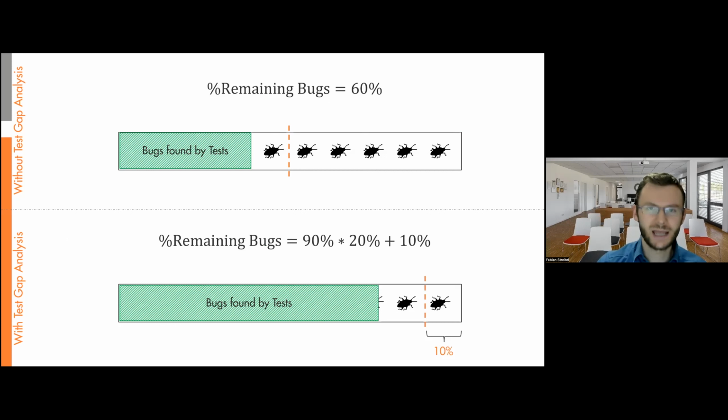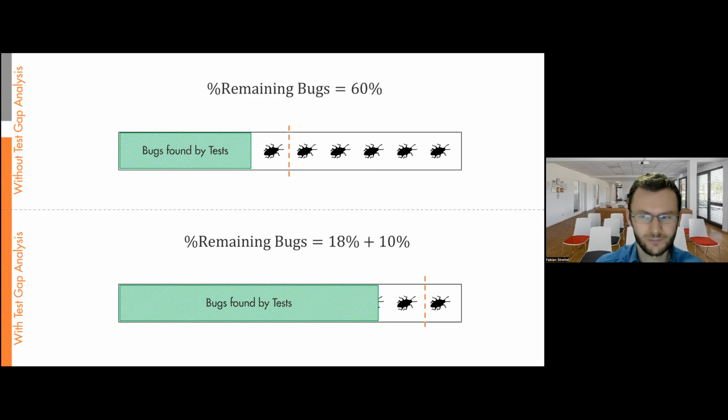For the rest, the same still holds. So the likelihood that a defect comes from an untested code change is still 5 times higher than in the rest of the system. So in here, for the remaining 90% of code changes, 20% slip through, or in other words, that's 18%.